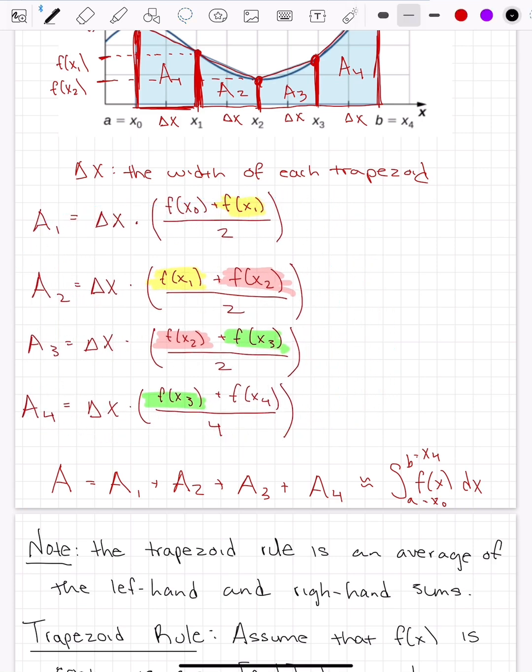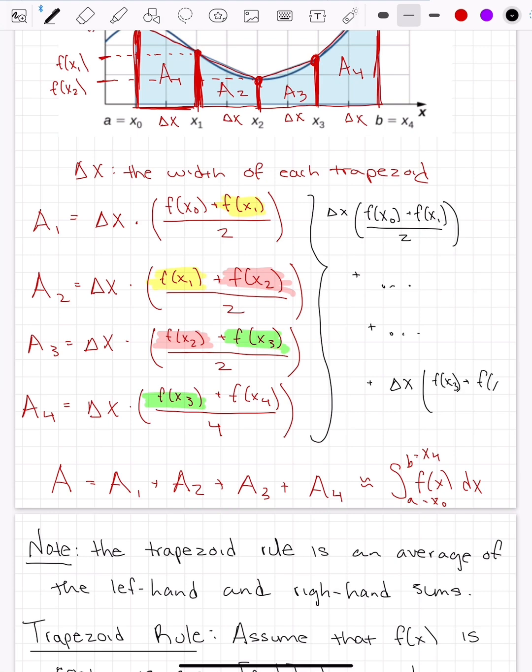So if I was to add these all up, then I would have change in x times f of x0 plus f of x1 all over 2 plus change in x, I'm going to just do dot dot dot all the way until we add on the last one. Why did I put the 4? I must have been thinking about this 4 and accidentally wrote it there.